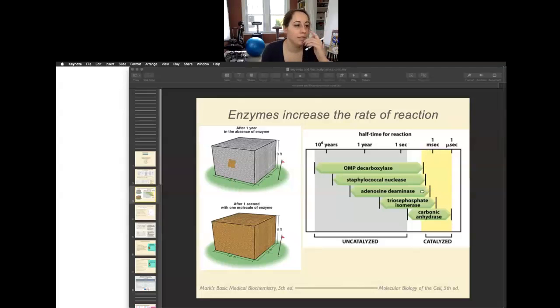So you get many of these reactions in 1 second. On the other hand, if we didn't have this enzyme and we wanted that reaction to go forward, we would have to wait well over a year, somewhere probably around maybe a couple hundred years for that reaction to go forward randomly.